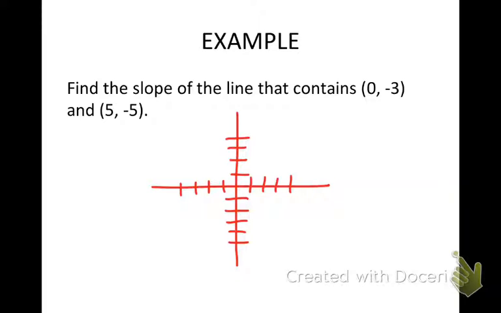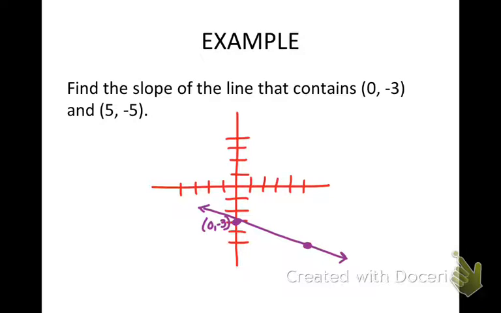So 0, -3, and 5, -5. Put a line through it with arrows on both ends.